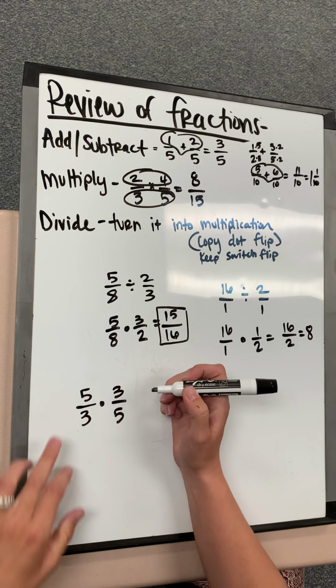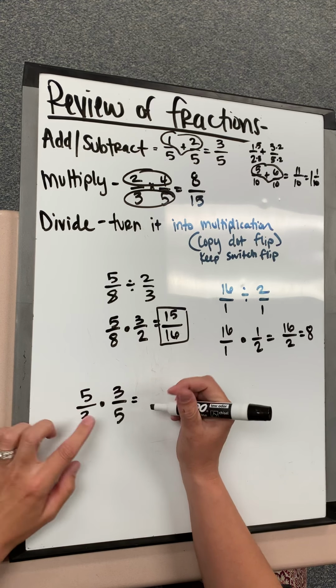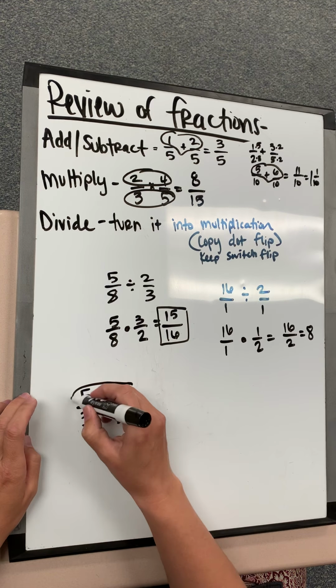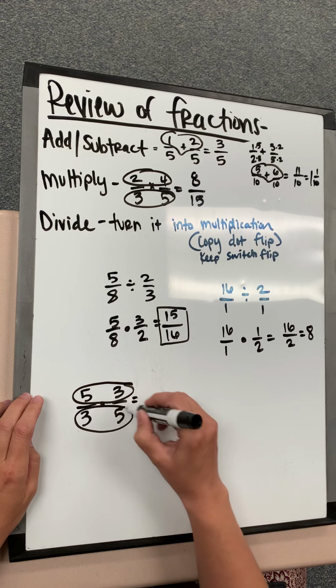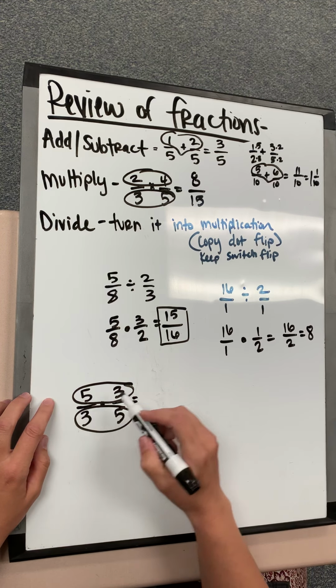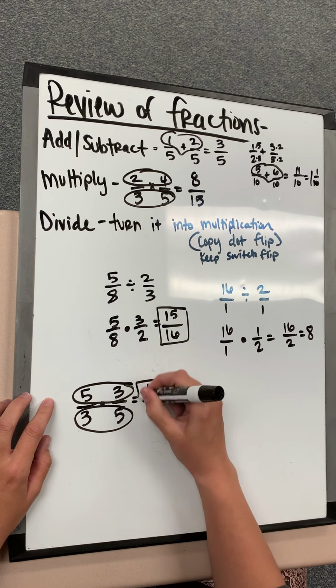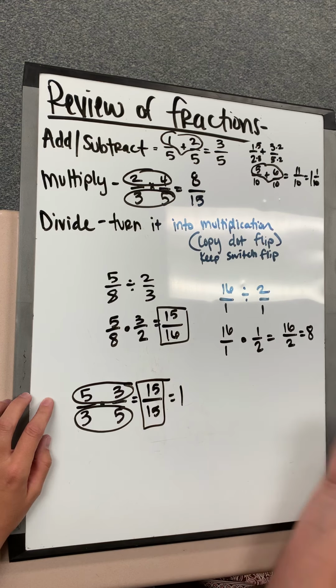If we times a number by its reciprocal, by its flipped version, we get it to 1. The reason is because you are multiplying the same numbers by themselves. 5 times 3 is 15, 3 times 5 is 15. Any number over itself is equal to 1.